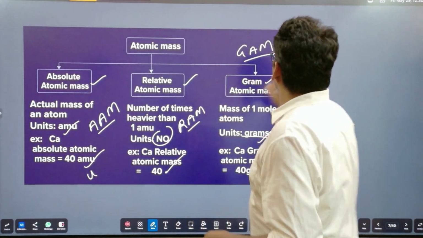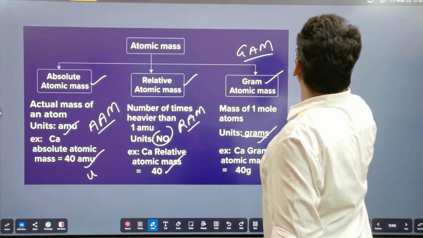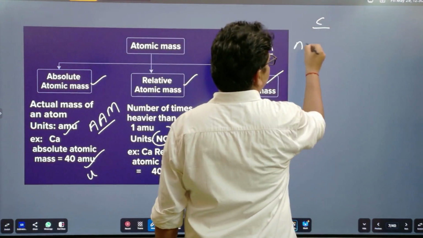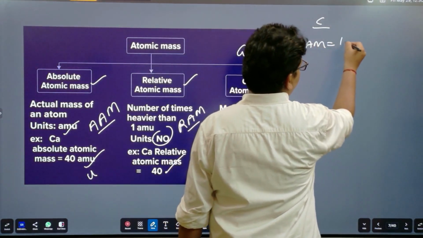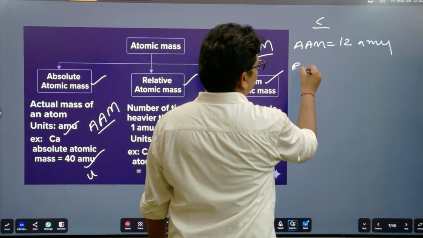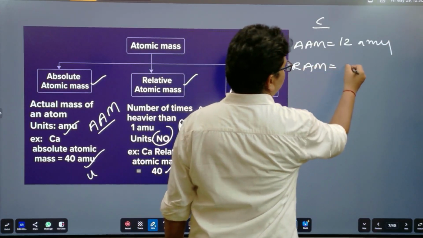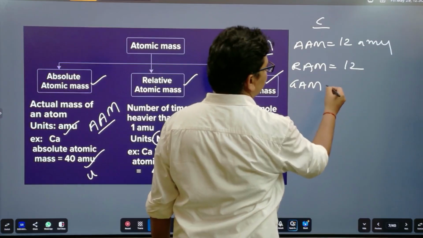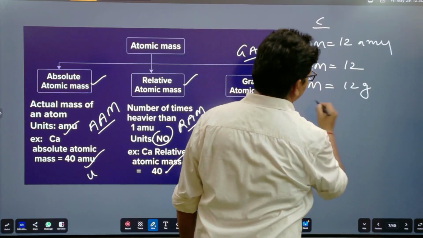So now I am taking carbon. Absolute atomic mass of carbon, 12 AMU. Relative atomic mass of carbon, 12. Gram atomic mass of carbon, that is 12 grams.